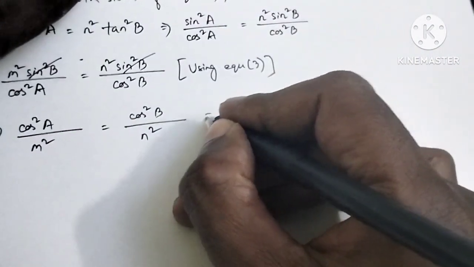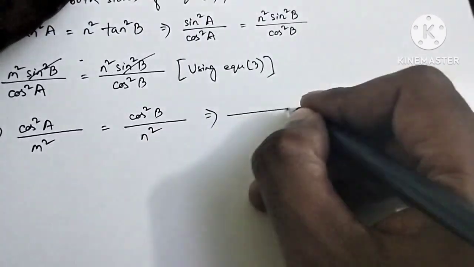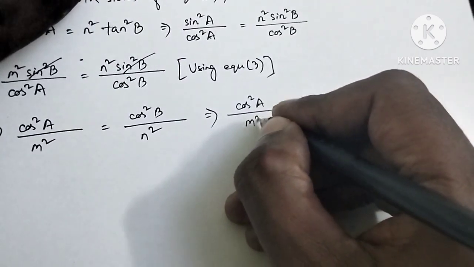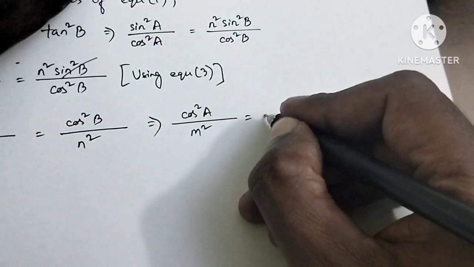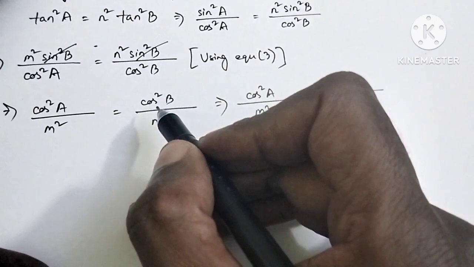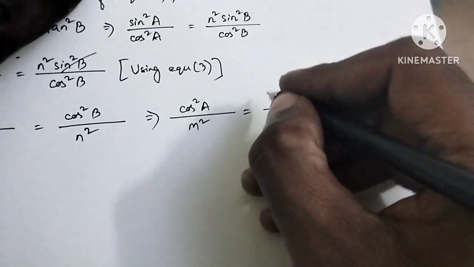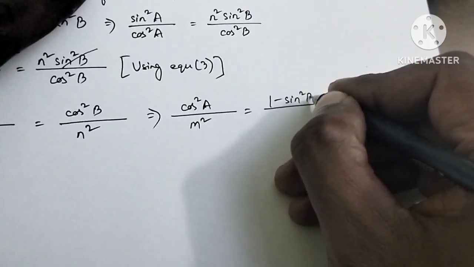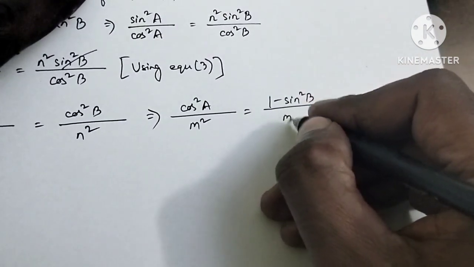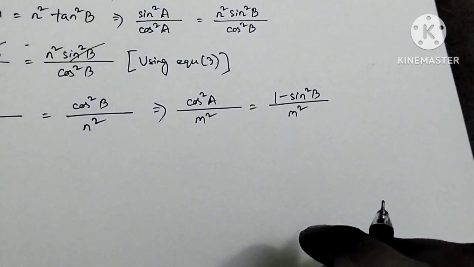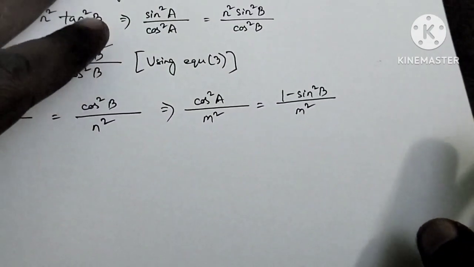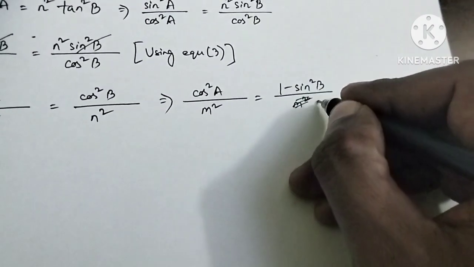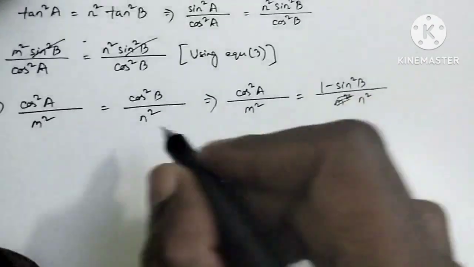So this we can write as cos square A by m square is equal to cos square B, I can write it as 1 minus sin square B by, sorry, not m square, it will be n square.